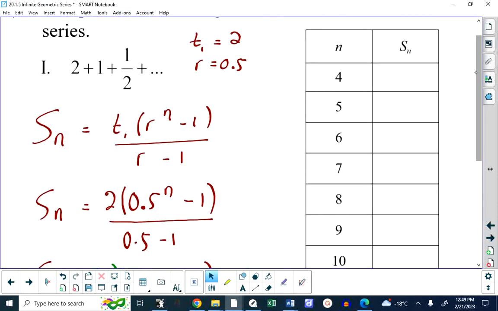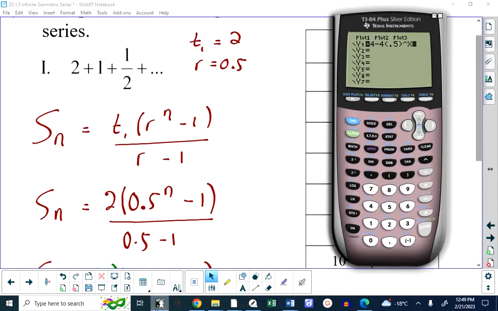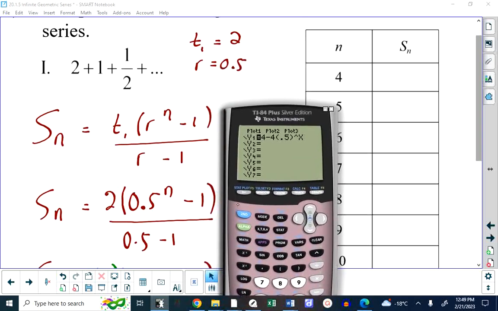What does this mean? Well, without using the calculator, I hope you can see that S1 is 2. I don't have 1 on my table, right? But would you agree, looking at this series, S1 is 2? Would you agree S2 is 3? S3 is 3.5?